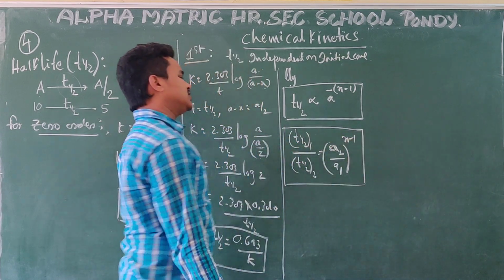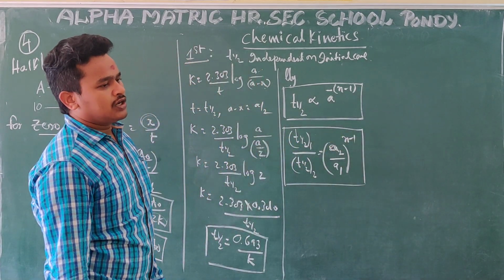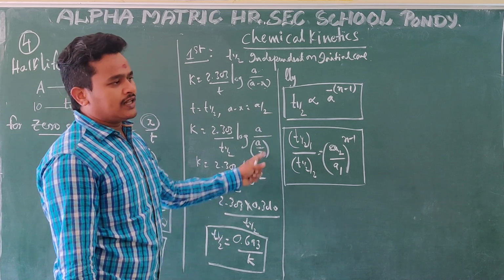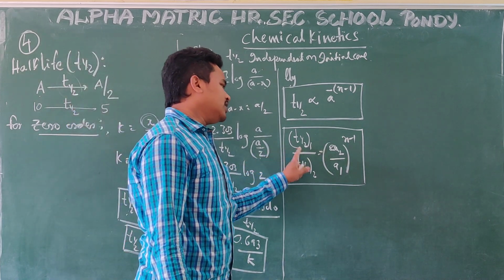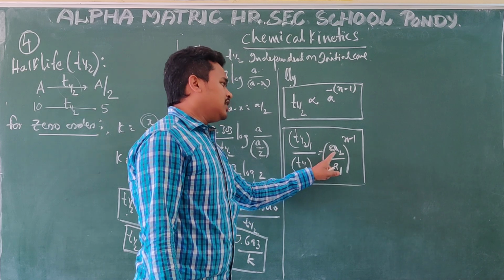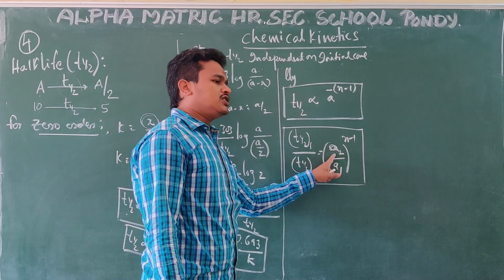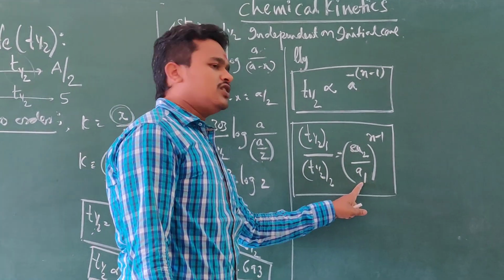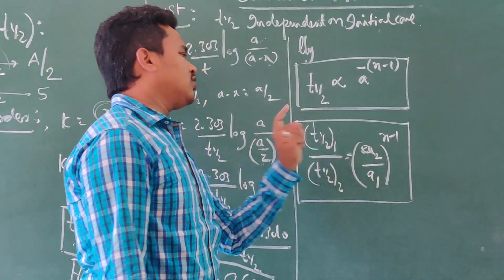They give two initial concentrations and two half-lives. At that time, the first half-life they will give and the second they will ask, or the second initial concentration they will give and the first they will ask.